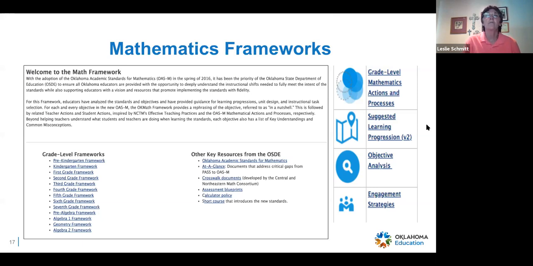There are additional key resources provided by the Oklahoma State Department of Education as well. The mathematics framework at each grade level is divided into 4 sections: the grade level mathematics actions and processes, the suggested learning progressions, objective analysis, and engagement strategies.